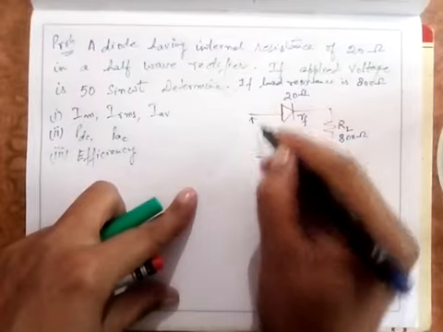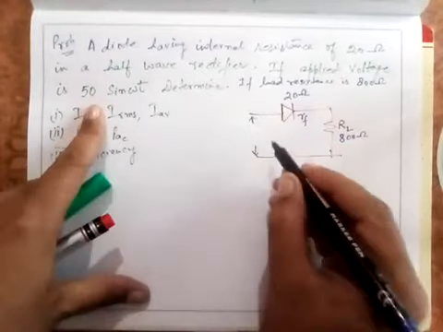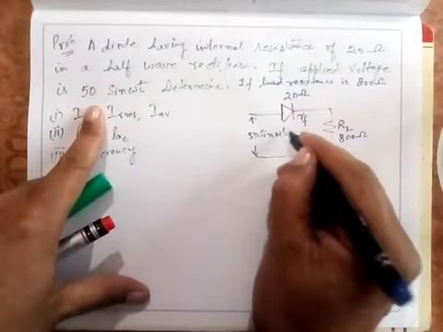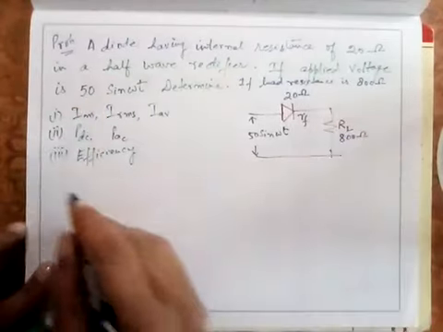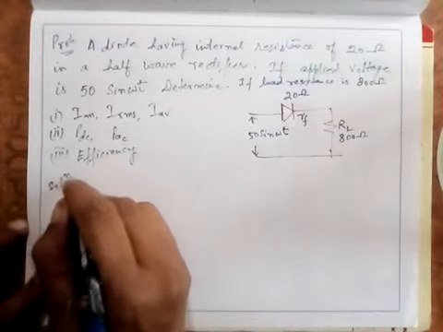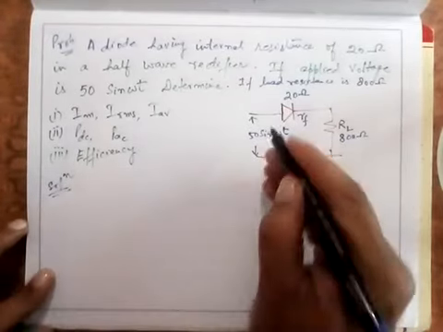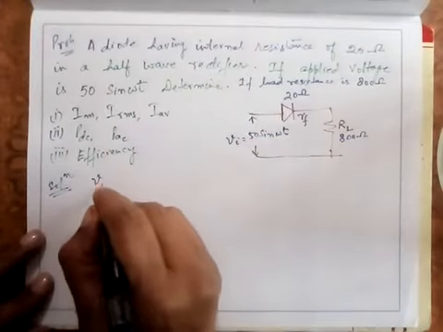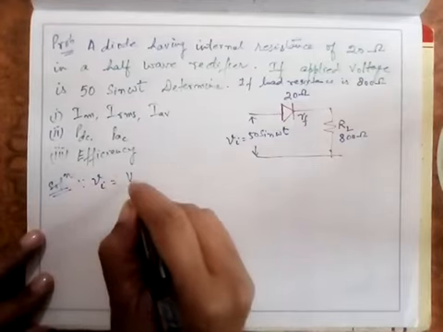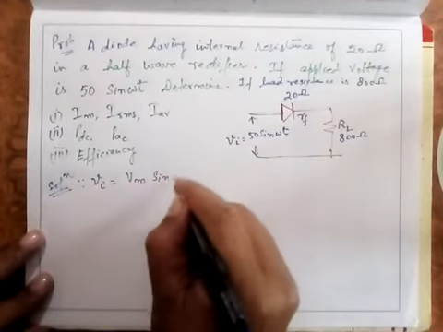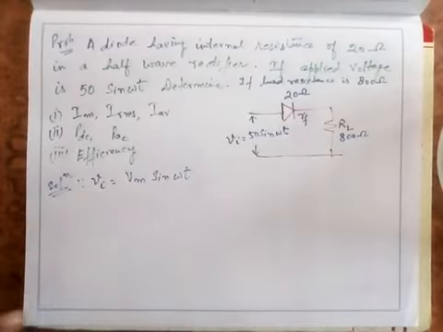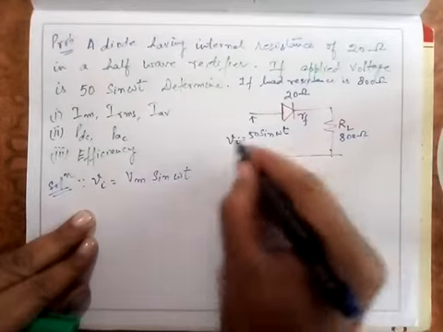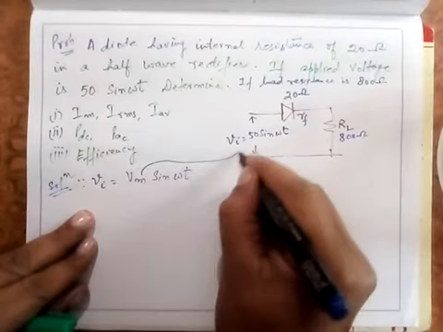And the input says that the input is 50 sine omega t. Now if you compare this, look at the solution. This is Vi. Since Vi is equal to Vm sine omega t, if you compare this, the given value is this much.